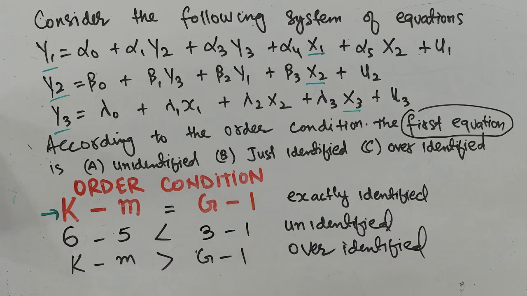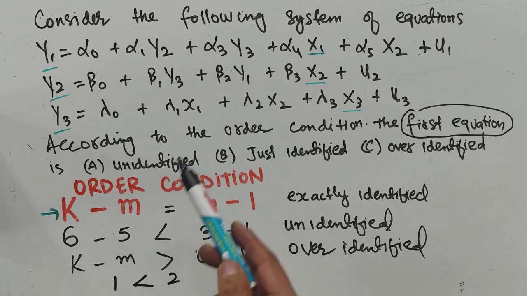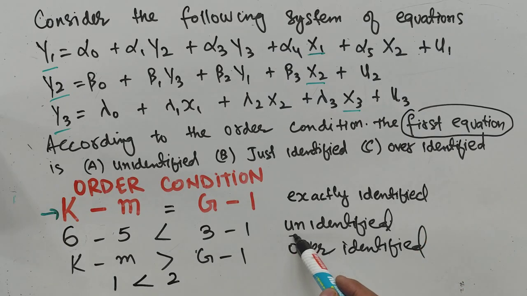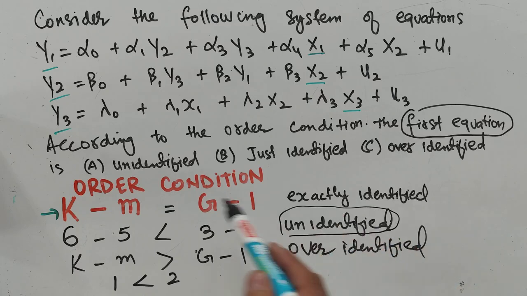Now 6 minus 5 is 1 and 3 minus 1 is 2. So k minus m is less than g minus 1, which means the first equation is unidentified. So the correct option should be option A here.